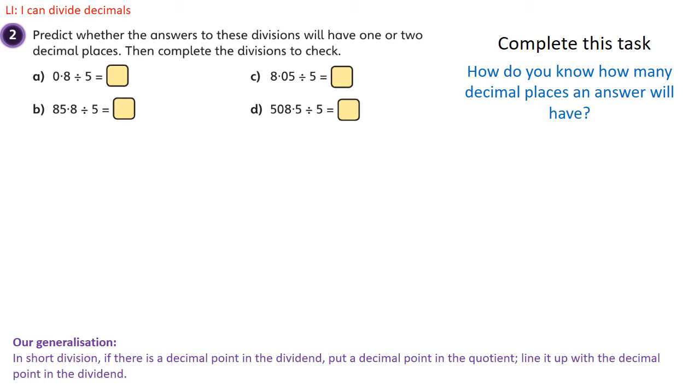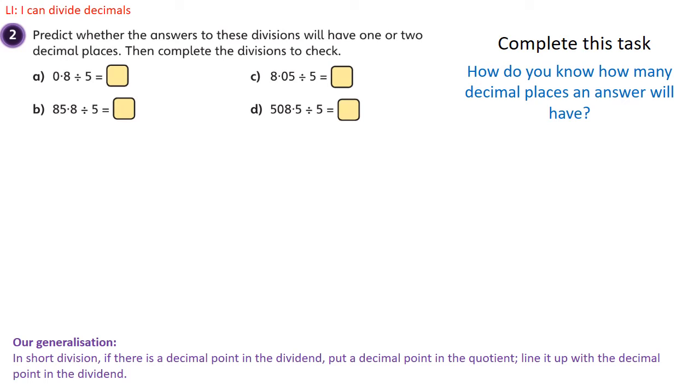So question 2, predict whether the answers to these divisions will have 1 or 2 decimal places. Then complete the divisions to check. So what are you going to think about as you're thinking whether or not these are going to have 1 decimal place or 2 decimal places?